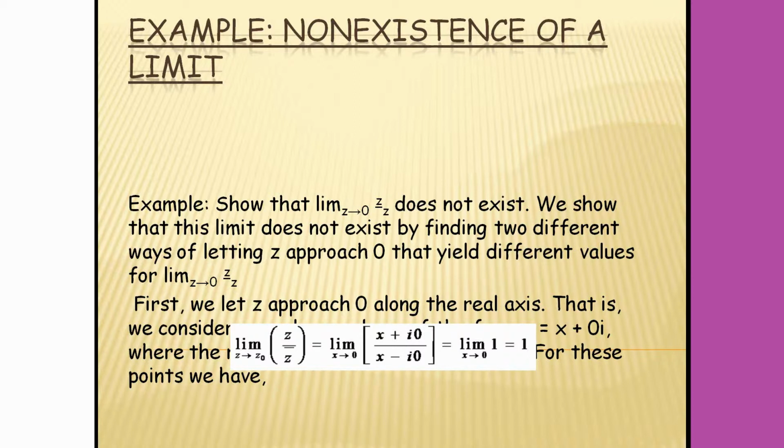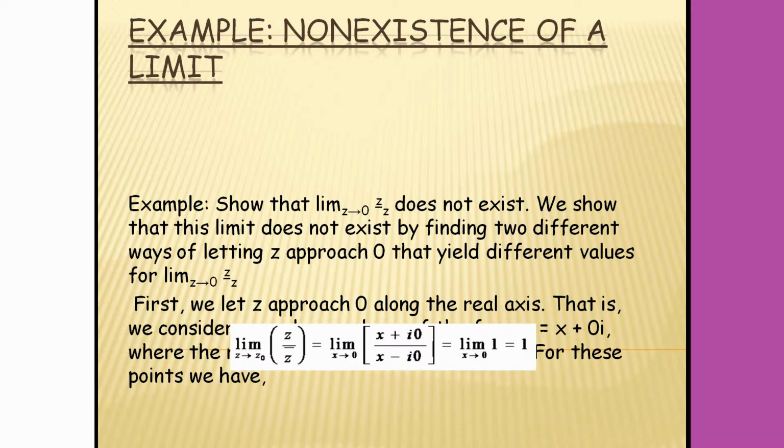In that case, the imaginary part is 0, that means y is equal to 0. Then the limit becomes x plus i into 0 divided by x minus i into 0.